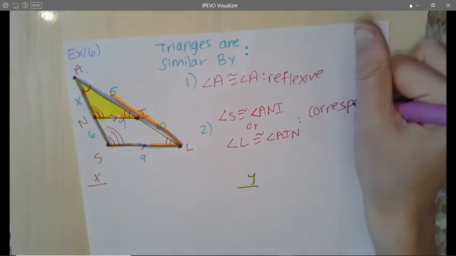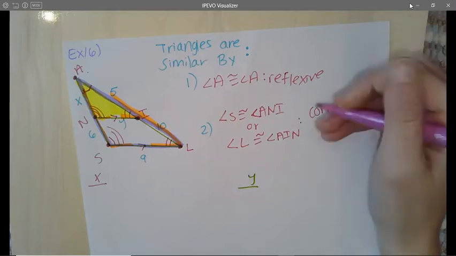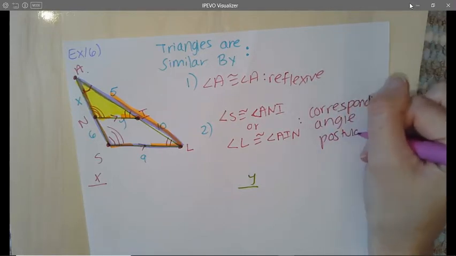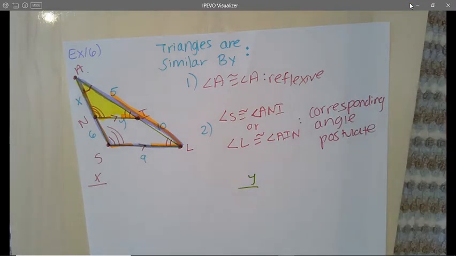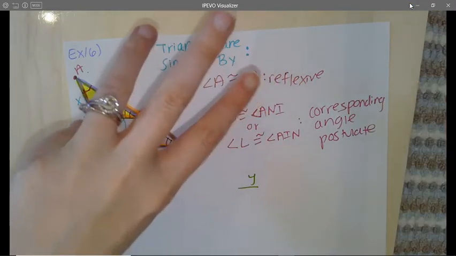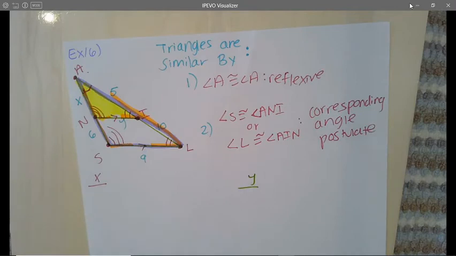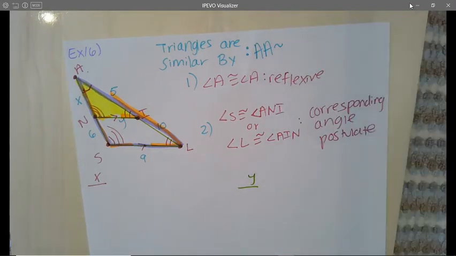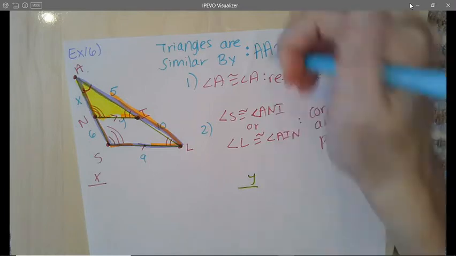So this is the corresponding angle postulate. Okay, so I have shown that three angles are congruent, which is enough information to show that my triangles are similar. How are my two triangles similar? They are similar by the AA similarity, or angle-angle similarity.